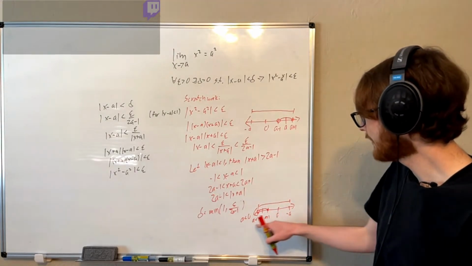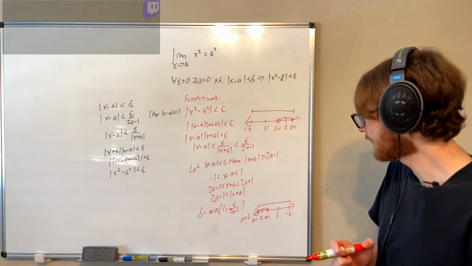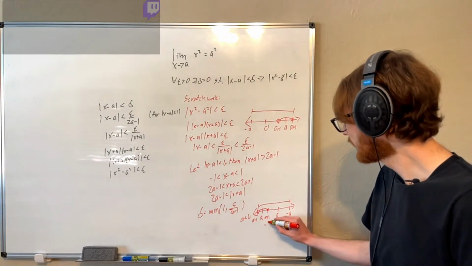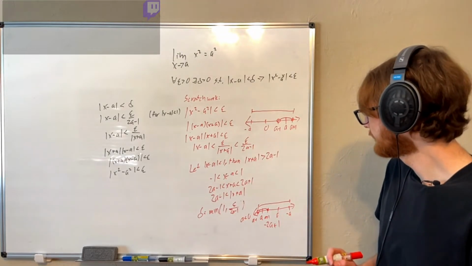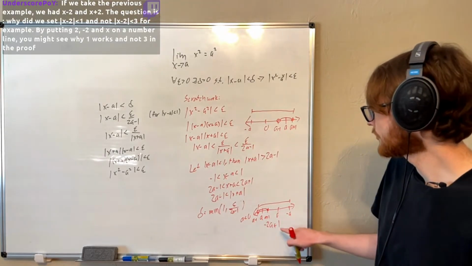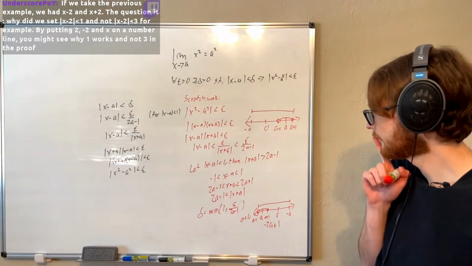So we can take negative a minus 1, which becomes minus 2a plus 1, which is the negative version of that.